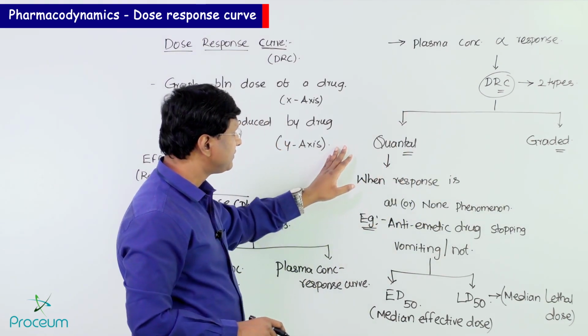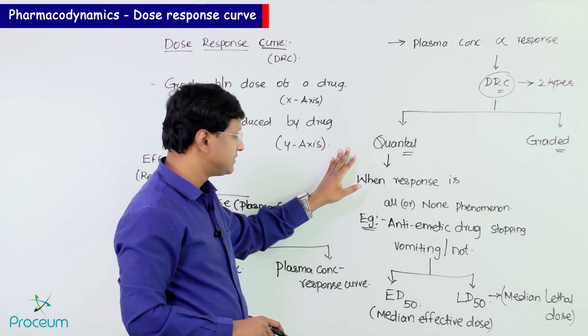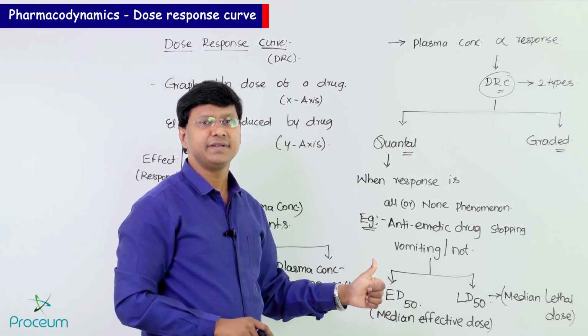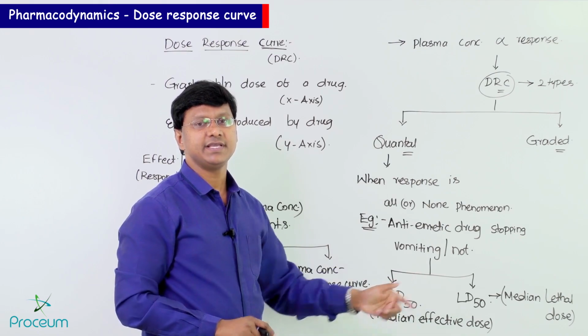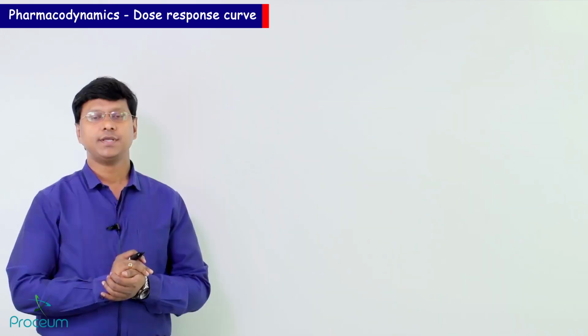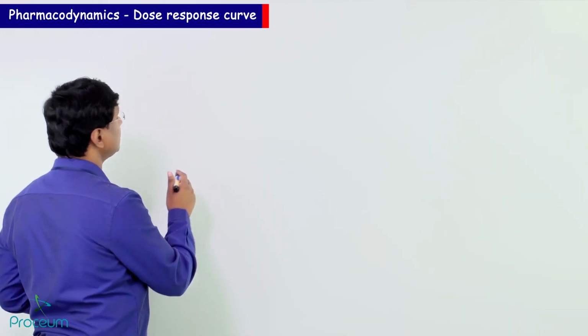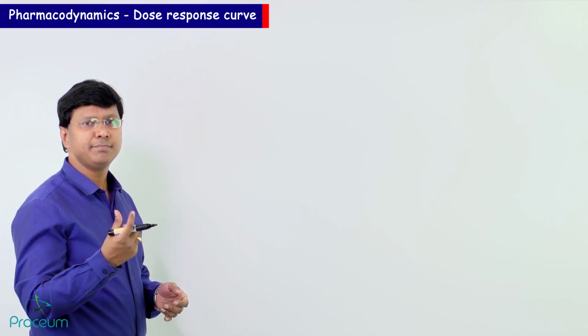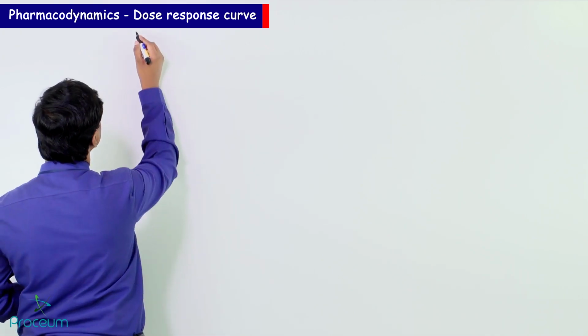Now we have two important phenomena in the quantal dose response curve. One is ED50 and the other one is LD50. ED50 is the median effective dose and LD50 is the median lethal dose. Now let me discuss what is called ED50. ED50 is nothing but the median effective dose.